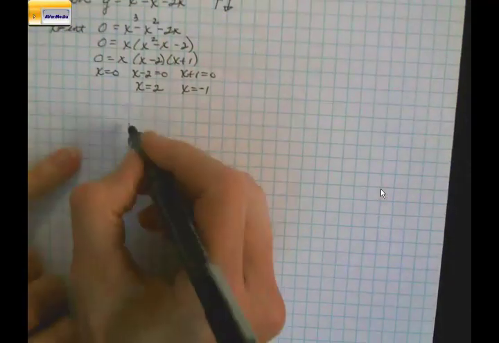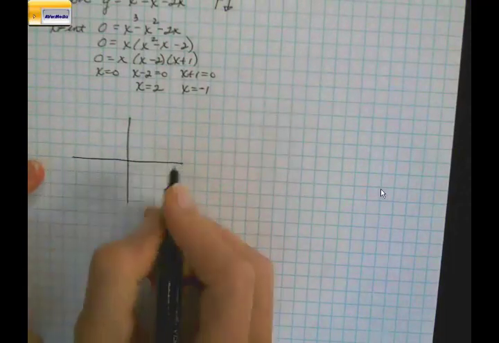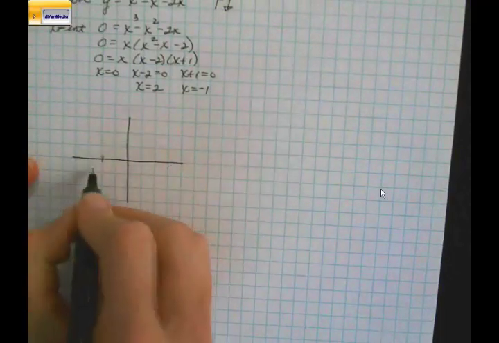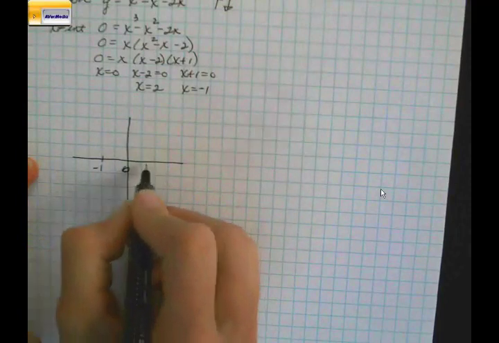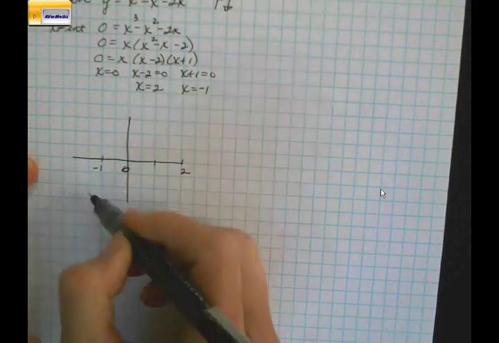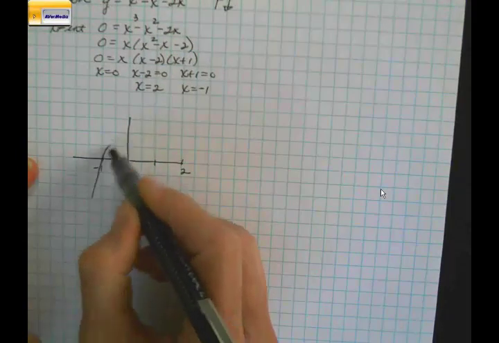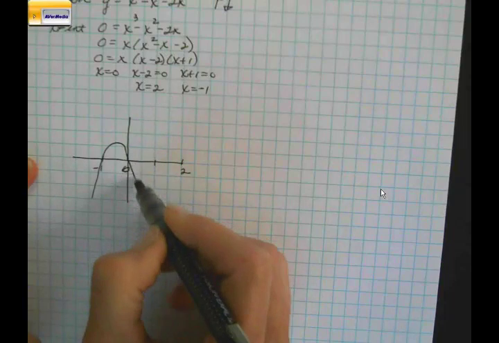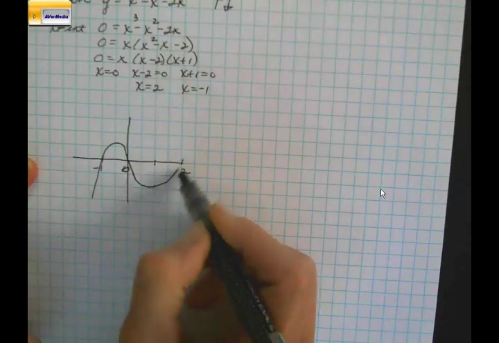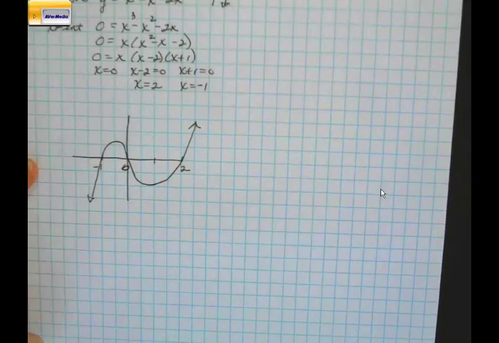Knowing it's a cubic function, knowing my end behavior, a -1, a 0, and a 2. It's going to go up, then it's going to come back down, and then it's going to go back up. Something like that. Of course, you can pick up your handy-dandy calculator and see it.